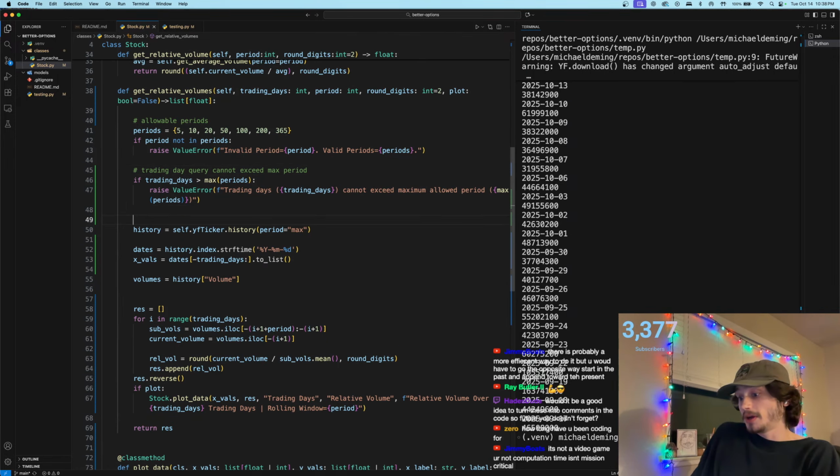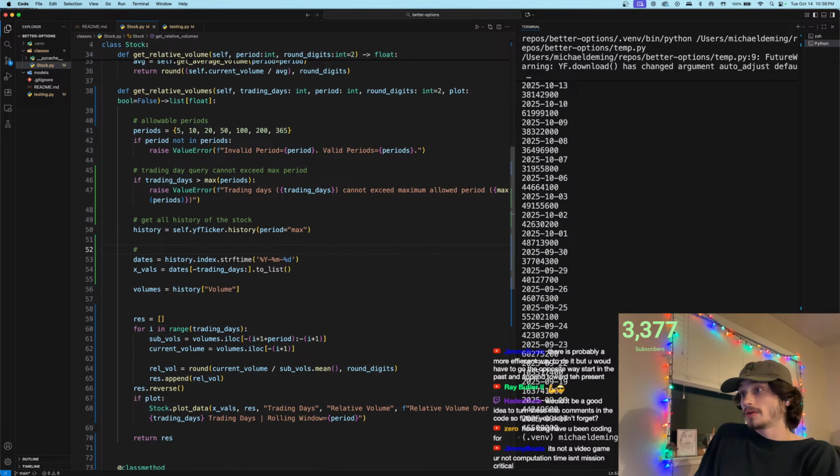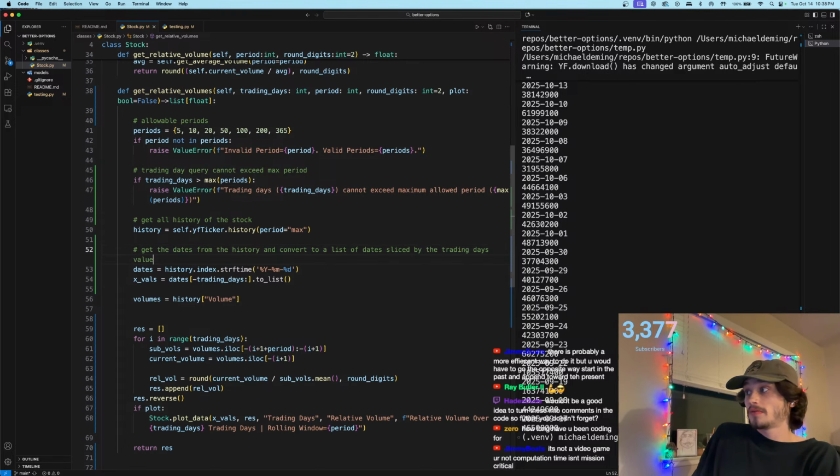Okay, so here we're going to get all history of the stock. Get the dates from the history and convert to a list of dates sliced by the trading day query value.